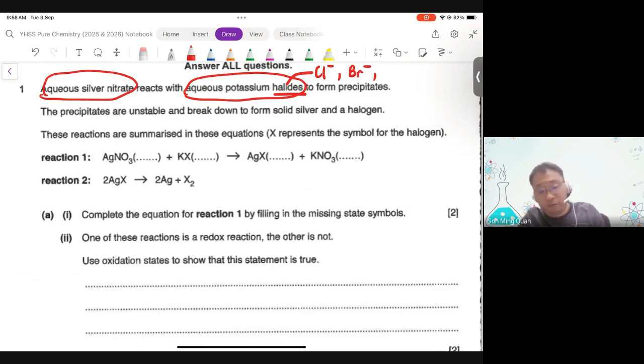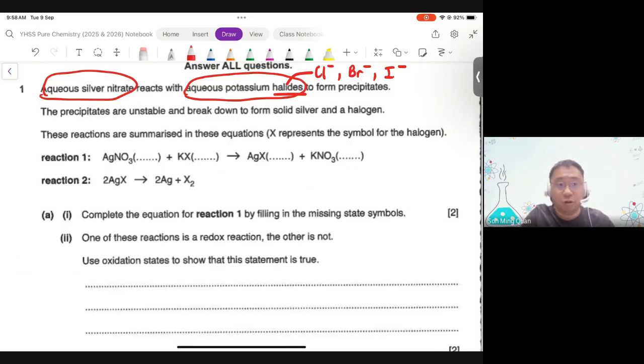We have learned this word before. Halide refers to the ions formed by group 17 elements: Cl-, Br-, I-. Okay? So potassium halide means potassium chloride, potassium bromide, or potassium iodide. Now these form precipitates.